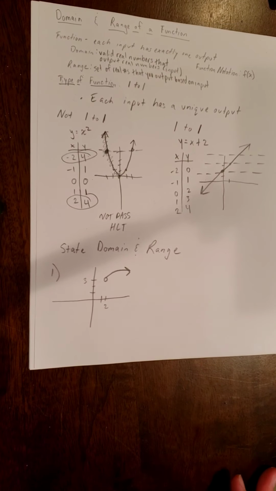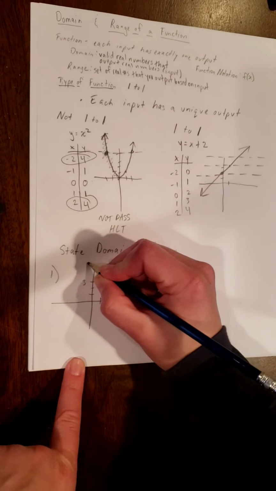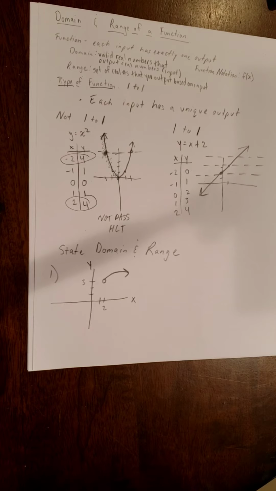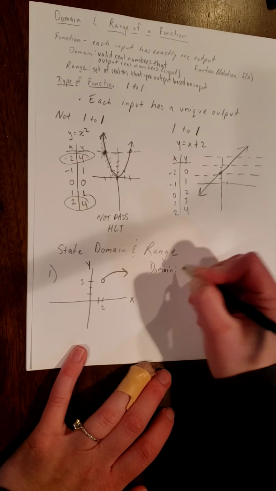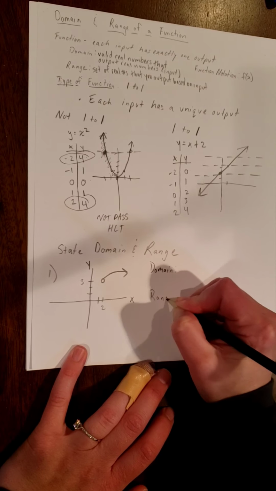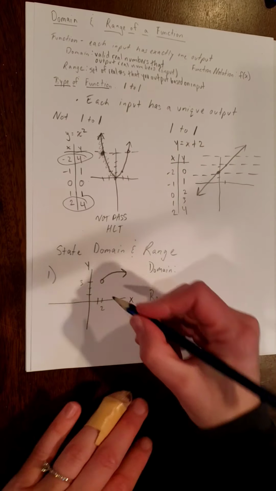So now let's go over having a graph, making sure that we can state the domain and the range. The domain is valid input, the range is valid output. For the domain here, what we are checking for is where there is a chunk of the graph for every x.